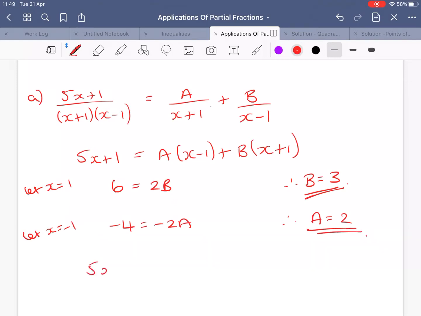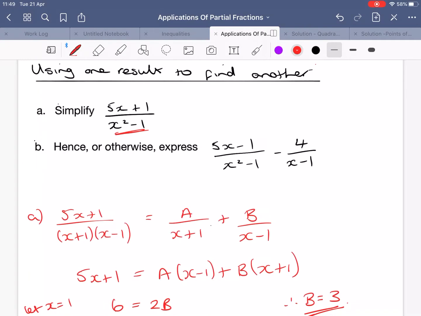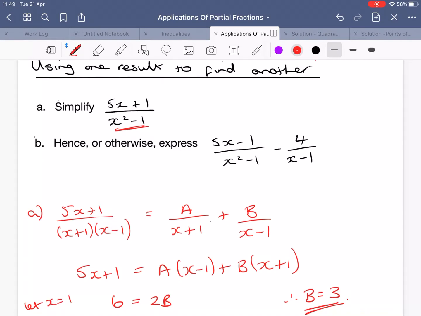So my 5x plus 1 over x plus 1 times x minus 1 is 2 over x plus 1 plus 3 over x minus 1. Okay, so we've done part A.